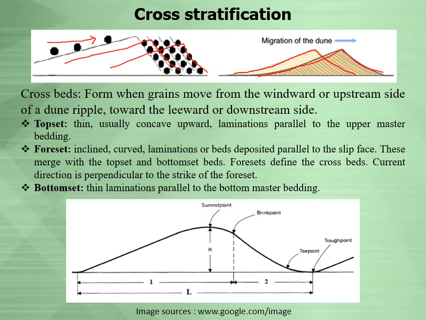direction. Now as the stoss side is mainly the erosional side, in the rock record the stoss side is not commonly preserved, but the lee side is preserved as some fine laminae within the ripples or dunes.